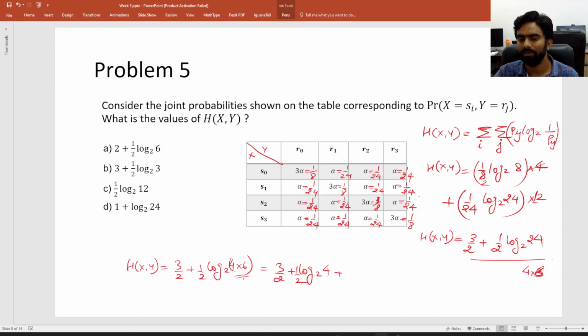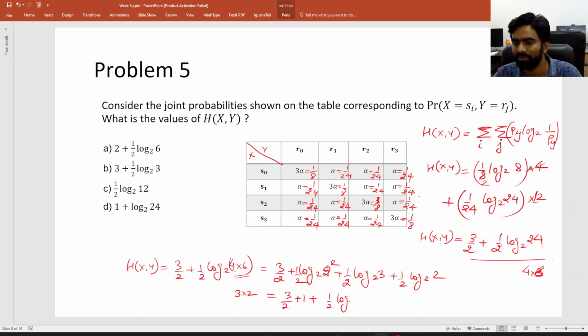If the values are in the product inside the log, then we can simplify it as the sum of the logs: half log base 2 of 4 plus half log base 2 of 6. That 6 can also be written as 3 into 2. So it would be 2 raised to 2, so it will cancel out. 3 by 2 plus 1, and it cannot be further solved.